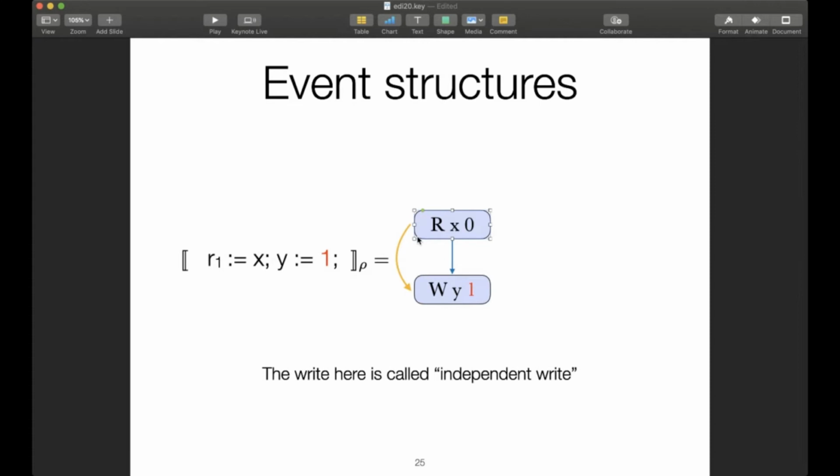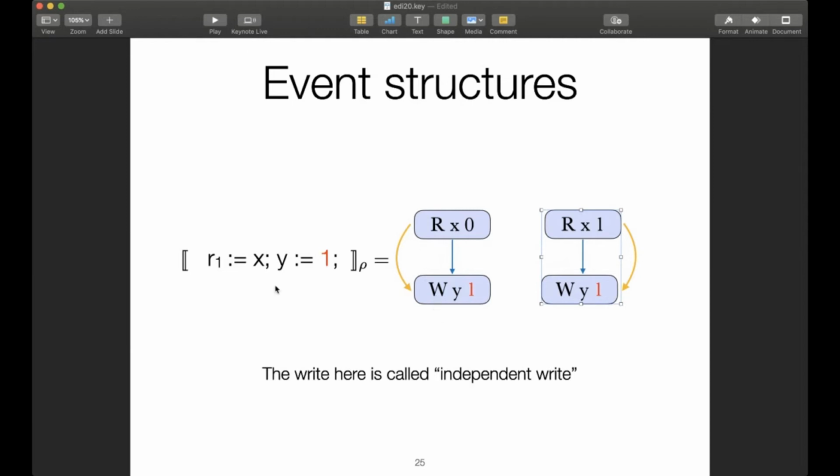That's going to be one of the choices. And we'll work here in a setting, for simplicity, where we have only 0 and 1 as possible values. So we end up with copies of this write Y beneath the read events that correspond to all value choices. And each of these basically forms a possible trace of the program.